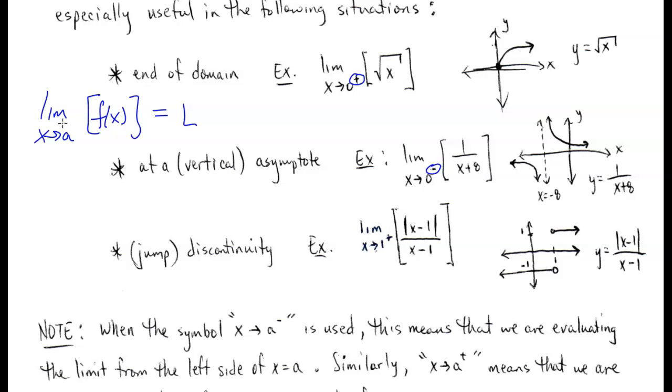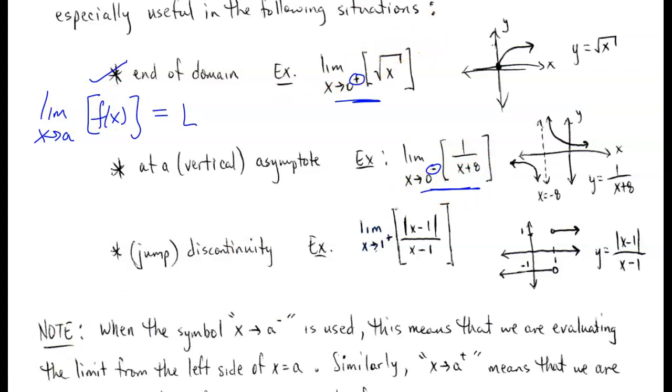When we want to specifically just focus on the right side, we do this plus here in the exponent for the x value that we're approaching. If we want to do it from the left, we do a minus in the exponent for the number that we're trying to approach. And so this, by definition, is a two-sided limit, whereas limits like these are one-sided limits.